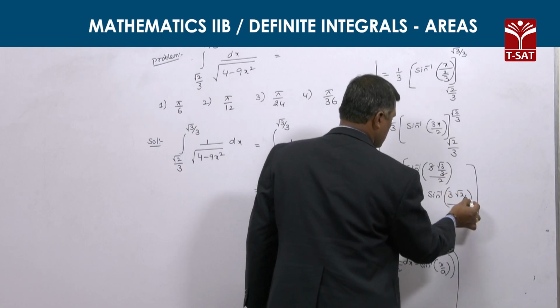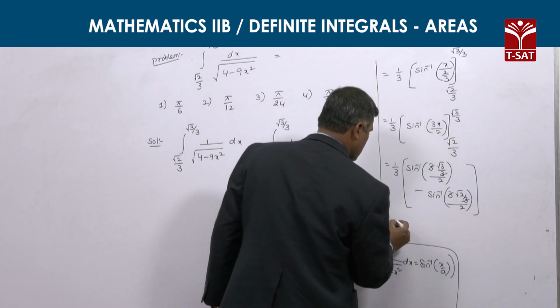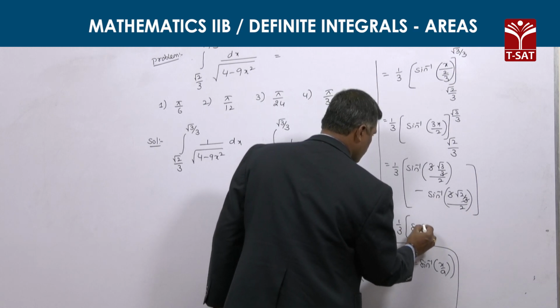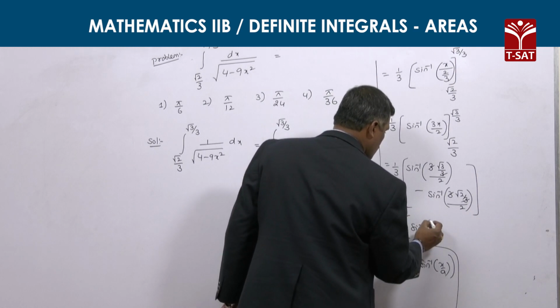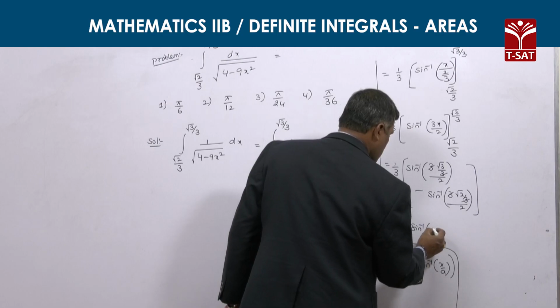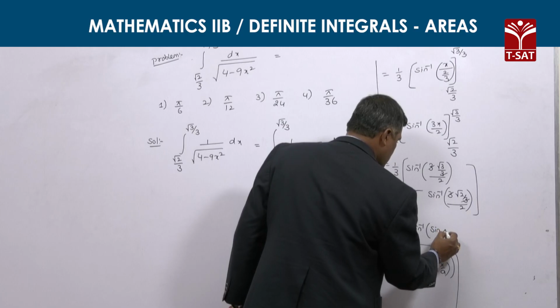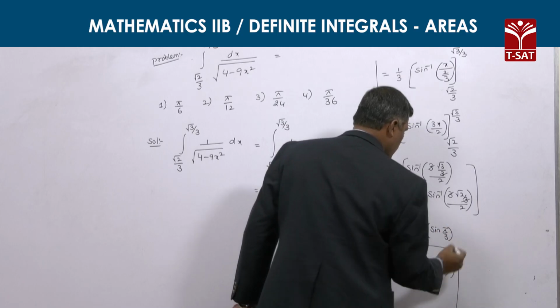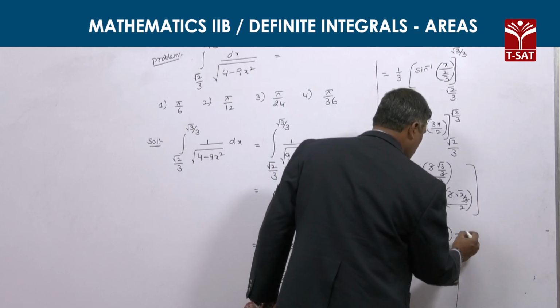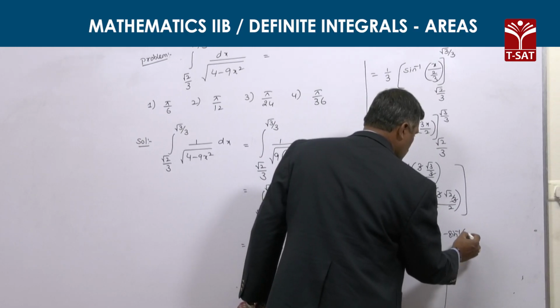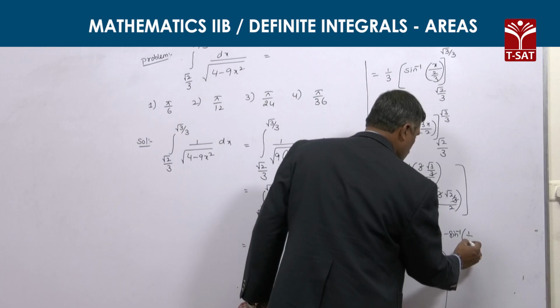The 3 gets cancelled, the 3 cancelled. That equals 1 by 3 into sin inverse of root 3 by 2 minus sin inverse of root 2 by 2, and root 2 by 2 can be written as 1 by root 2.